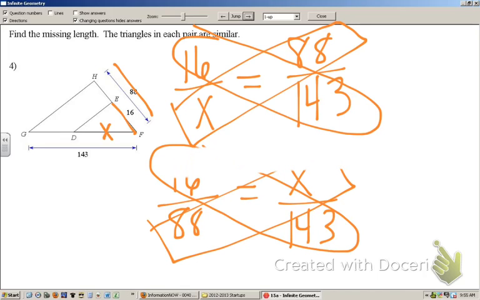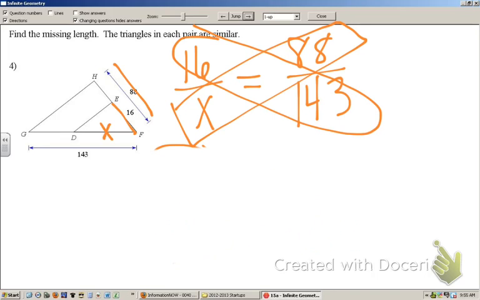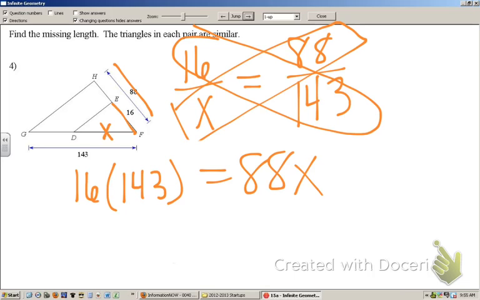Let me clean it up so I got more room. So I'm going to have 16 times 143 is equal to 88x. And if we multiply 16 times 143, I get 2288.